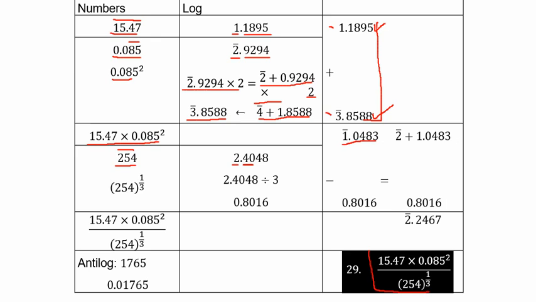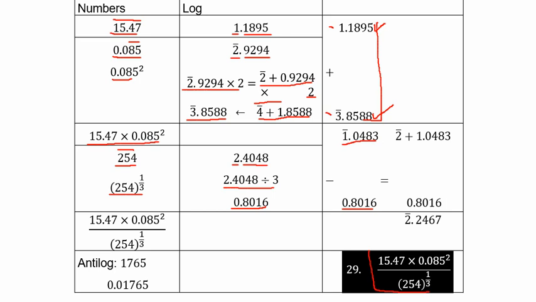You have 4048. Power of 1 over 3 means you divide the result by 3, and that gives 0.8016. So let's keep the result under the first one, because the two parts are division, which implies subtraction.